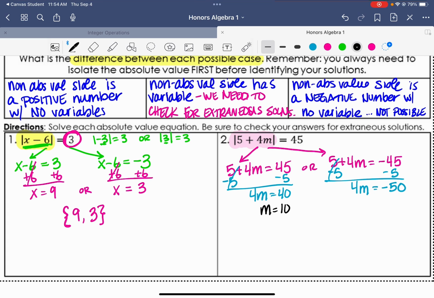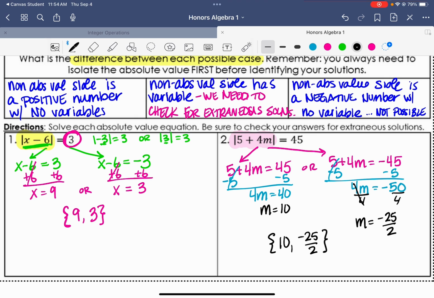When I divide by 4 on both sides, I'm going to leave this as a simplified fraction, so it's negative 25 over 2. I don't have to change it to a mixed number. My two possible answers are 10 and negative 25 over 2. Yes, we can have fraction answers.